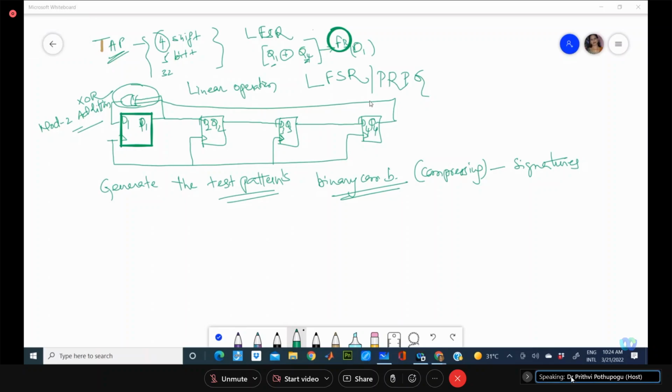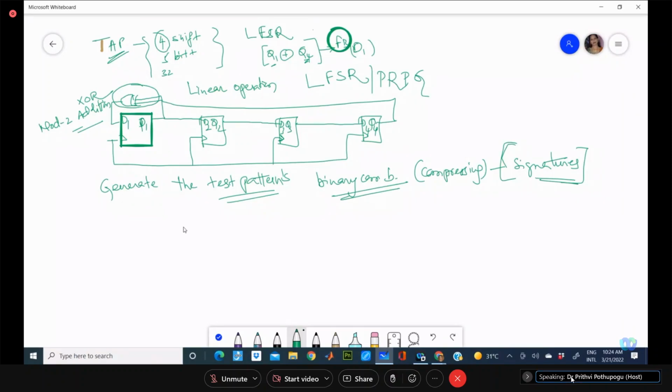Some disturbance. Okay. So generating these test patterns and compressing them into signatures. I think the meaning of signature we have seen in the last sessions. It is the combination of the bits, a compressed form of the combination of the bits for which the circuit is to be tested. That is called the signature.